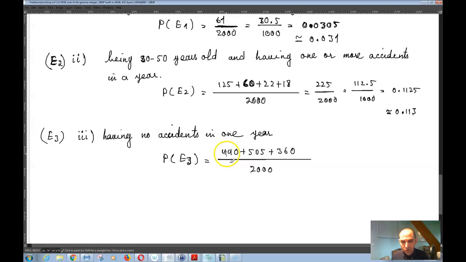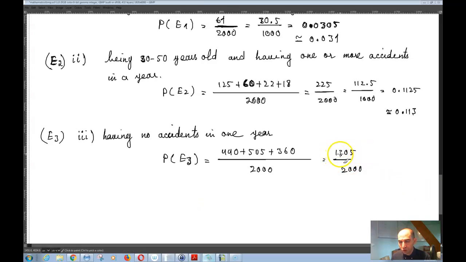So that gives you 440, 505, and 360, which add up to 1305. That's 1305 divided by 2000.